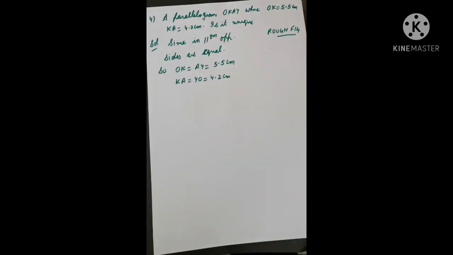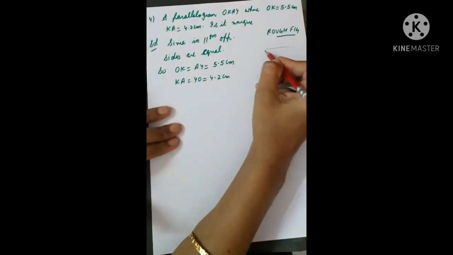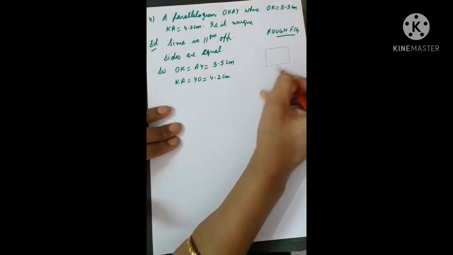Last question of the exercise is, you have to construct a parallelogram OKAY where OK is 5.5 centimeter, KA is 4.2 centimeter, and then they are asking, is it unique? Now here we will use the properties of parallelogram. Since it is a parallelogram, opposite sides are equal. If I draw the rough figure, you can see the rough figure OKAY.